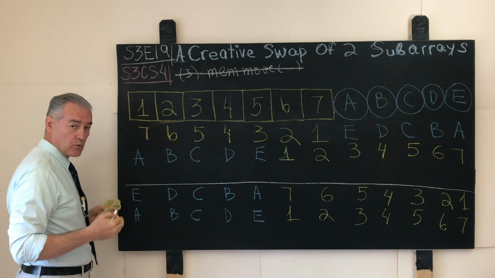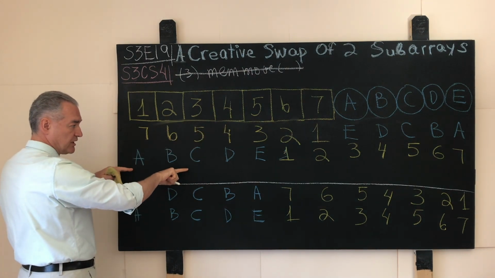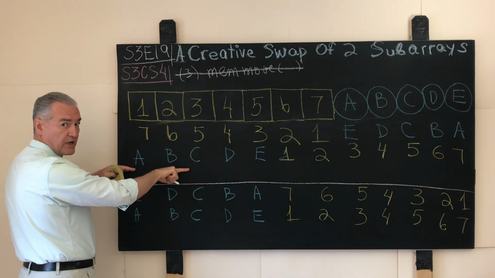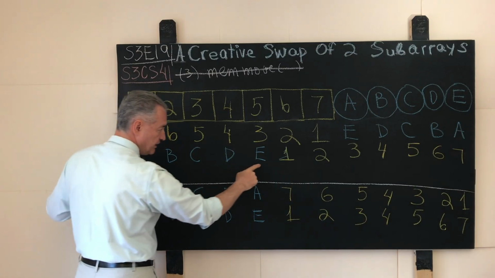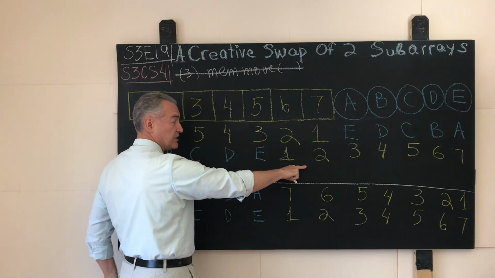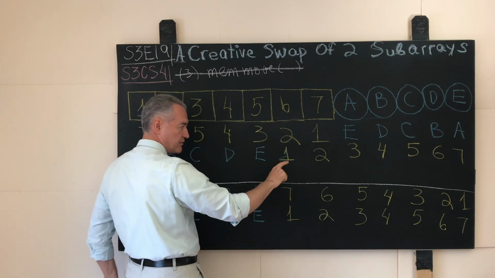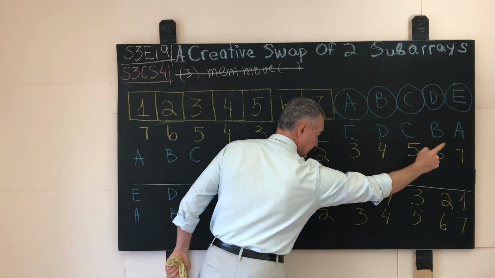And now we have our problem solved. The formerly right subarray percolates to the left extremity of the output array, honoring the input order of the elements A, B, C, D, E, and so does the formerly left subarray, which now becomes the right subarray, which also honors the input order of the elements in that subarray 1, 2, 3, 4, 5, 6, 7.